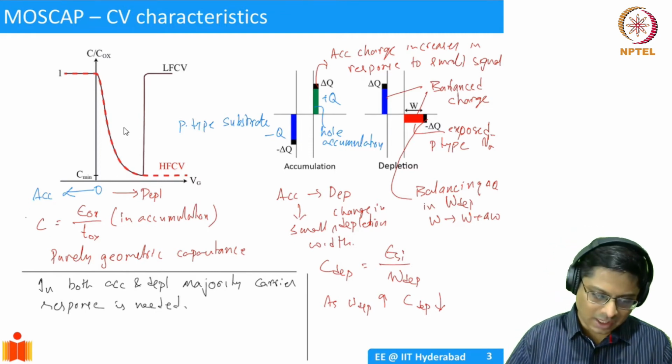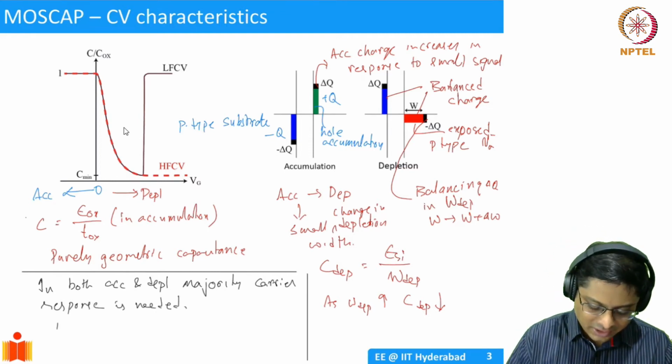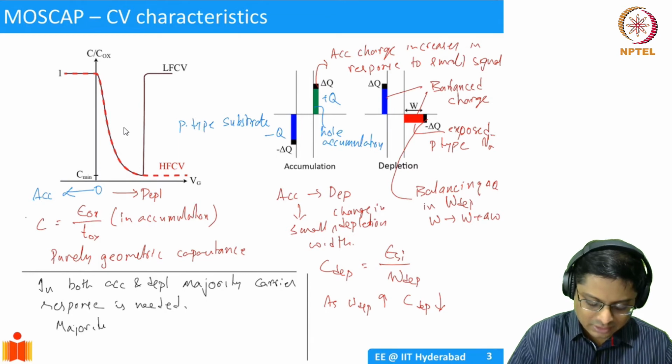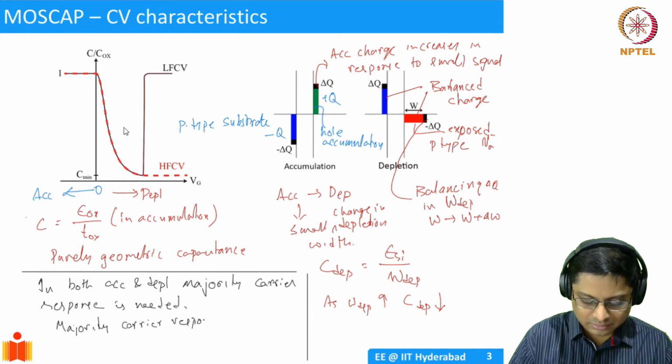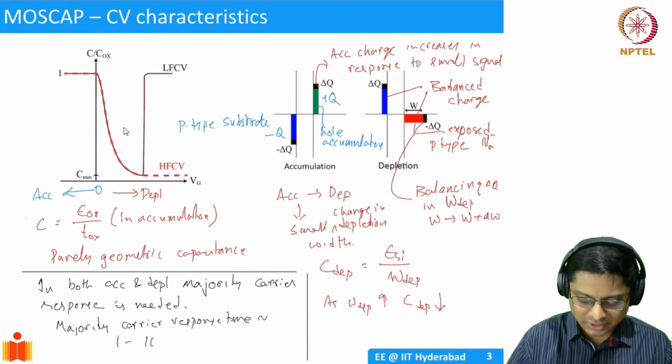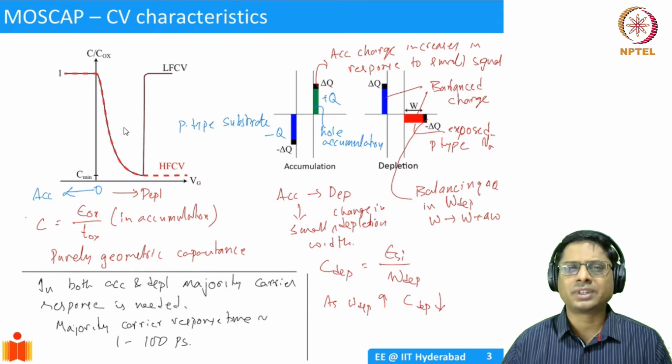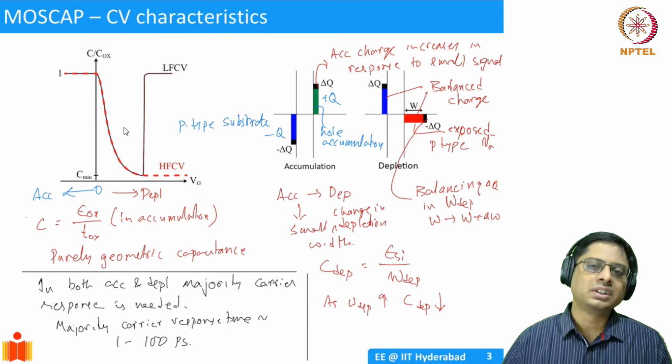Okay, and it turns out that majority carrier response time is approximately 1 to 100 picoseconds. It's very fast compared to the applied frequencies.